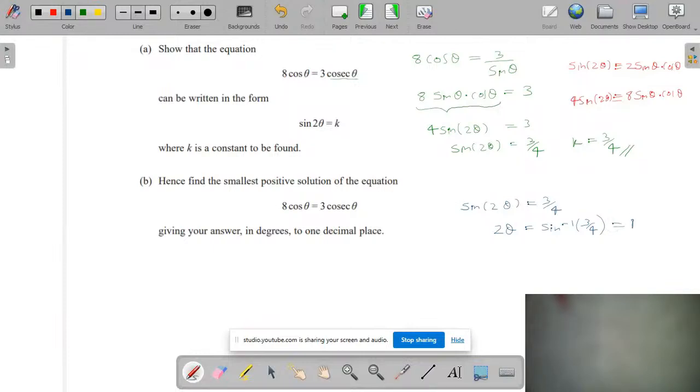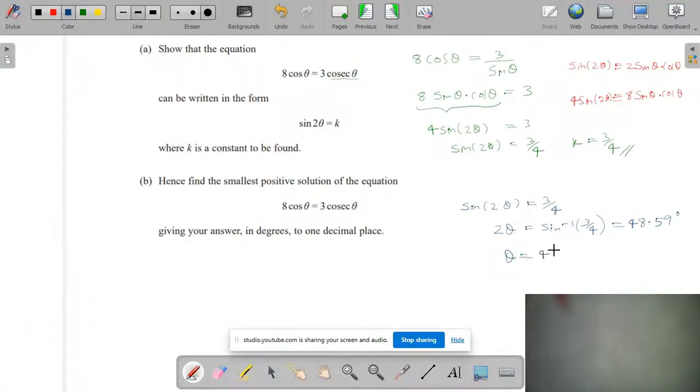Normally we know that the final answer has to be given to 1 decimal place, not 1 degree. They are asking for the smallest positive solution only, therefore this is more than enough.